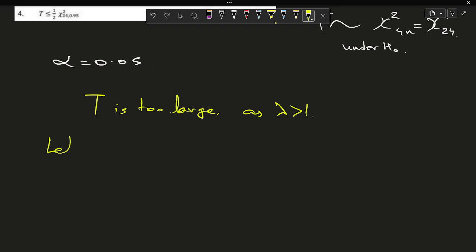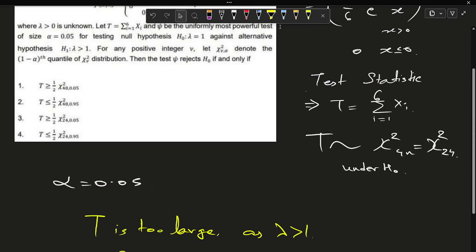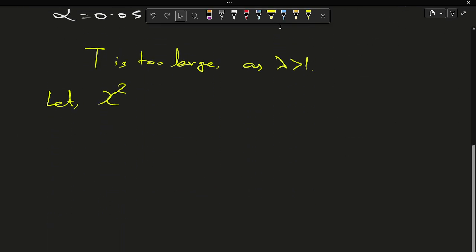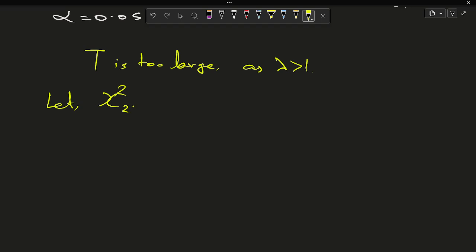Let chi-square v alpha be chi-square 24 with 0.95, because 1 minus alpha is 0.95, the 95th percentile of the chi-square 24 distribution.